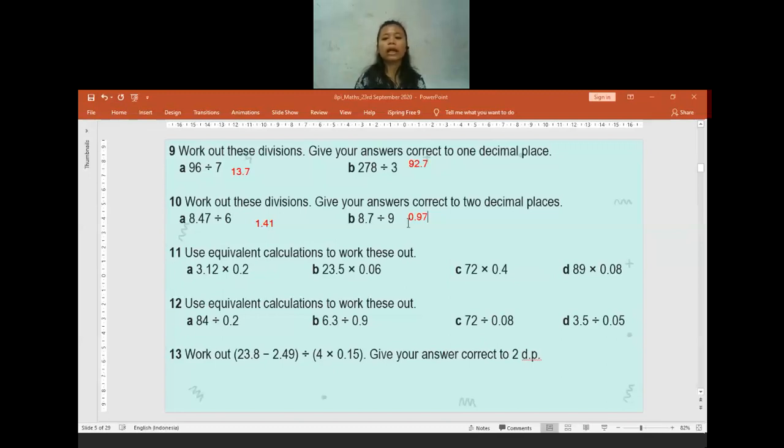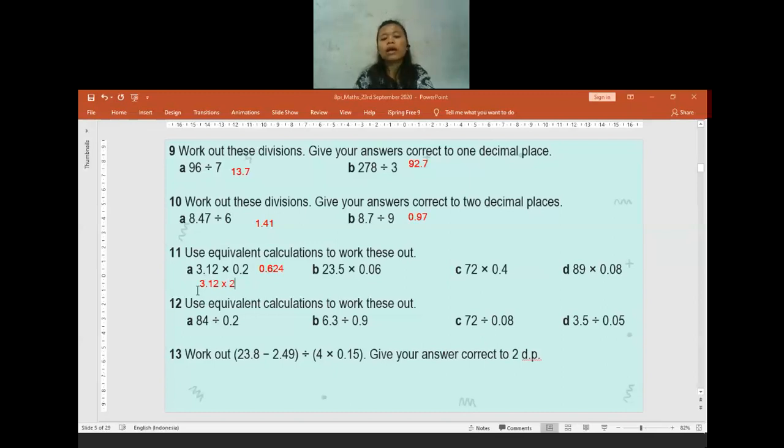Use the equivalent calculation to work out this number. So you have to calculate the number as normal and then, okay, I think there is a silly mistake here. The final answer is supposed to be 0.624. But I think some of you are still wrong. This is the equivalent calculation, times by 0.2.